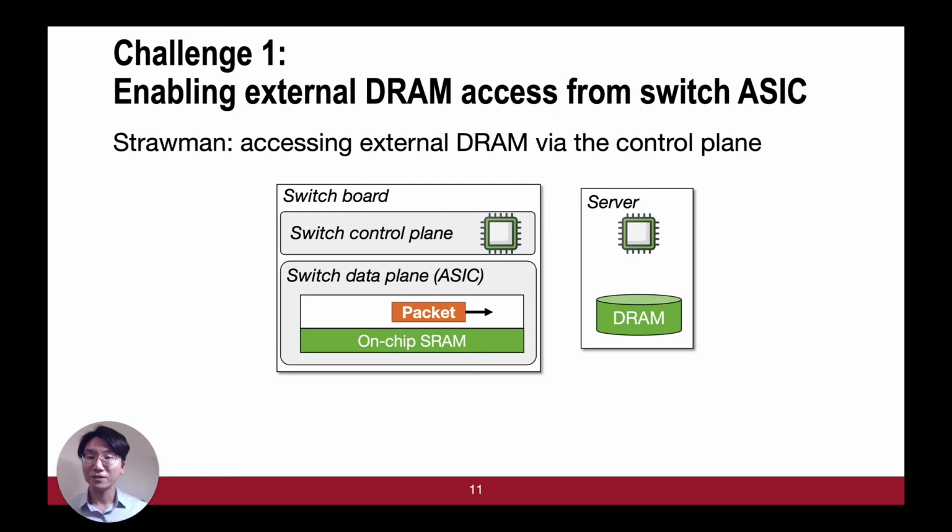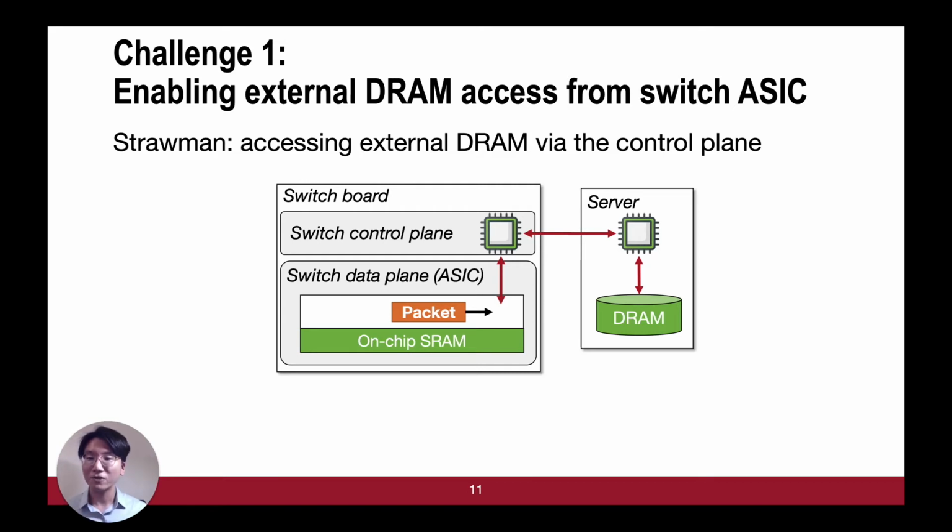When a packet comes into the pipeline and there's no entry for the packet in SRAM, the ASIC needs to access the table on the server. To achieve this, the ASIC can access DRAM through the control plane, so CPUs on the control plane and the server establish a connection, and the control plane CPU retrieves the entry from DRAM through a traditional RPC-like mechanism.